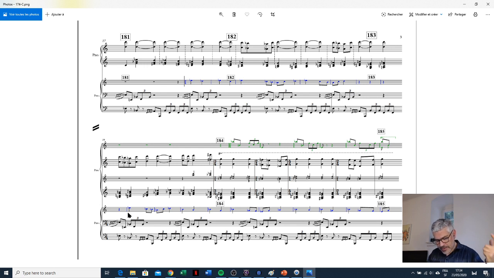Then he repeats one more time, yam pi pa pa pa pa, and then he transposes the phrase with the horns from two measures before 184. So we are in pavillon en l'air.